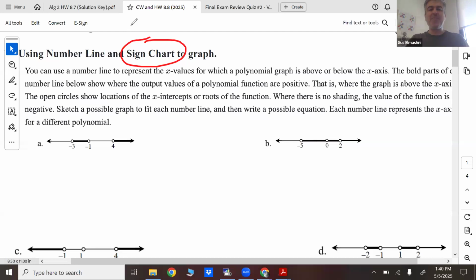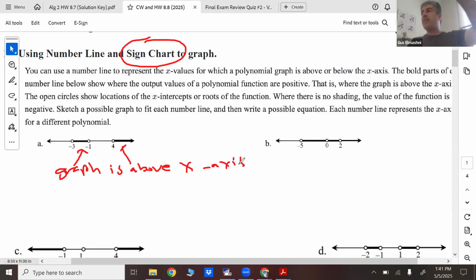Okay. All right. So what Lincoln just read, guys, we need to focus. Anything that's shaded means that the graph is above the x-axis. If the graph is above the x-axis, are the y values positive or negative?